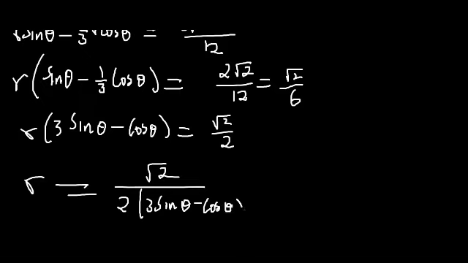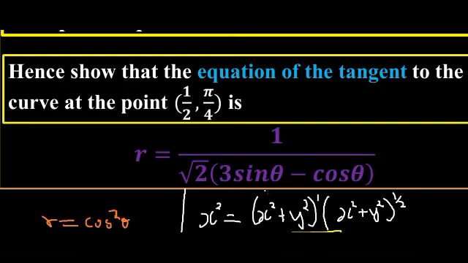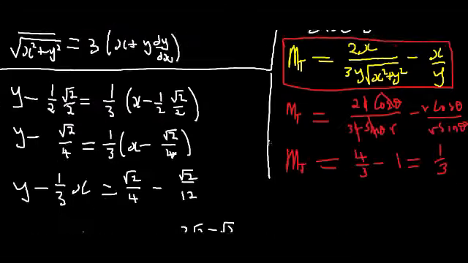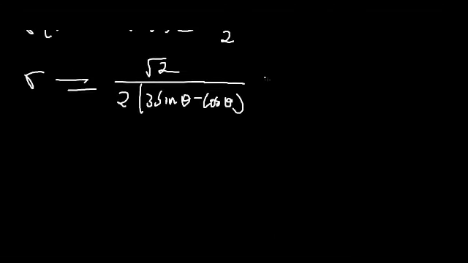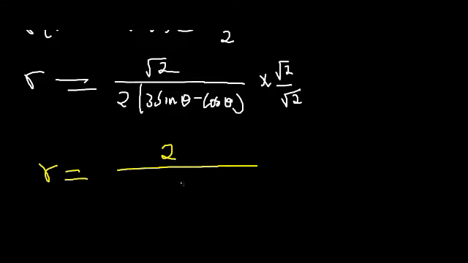Now let's look at it to see if it looks like what our proof says. So basically we have root 2 on 2 there. What we need to do here is multiply top and bottom by root 2. If we multiply here by root 2 and here by root 2, we're going to have r equal to, remember I haven't changed anything here, root 2 times root 2 is going to give us 2, now divided by 2 root 2, and the sine theta minus cos theta would not change.